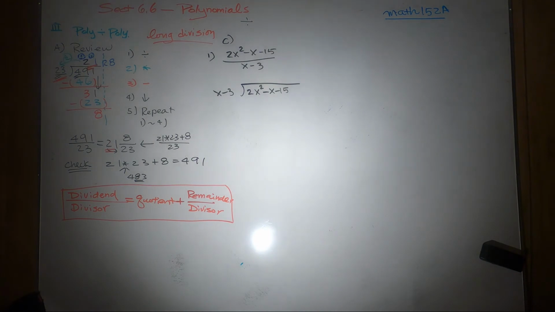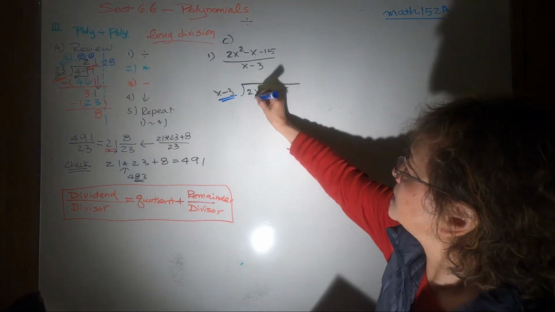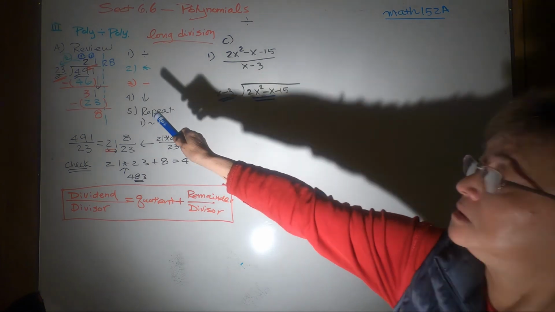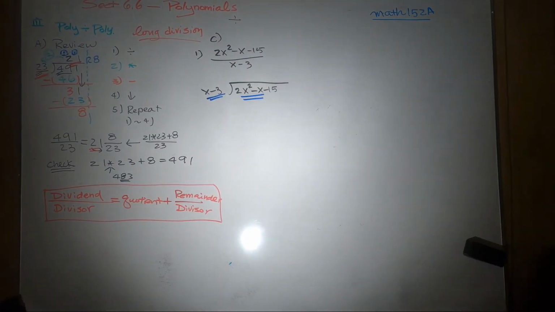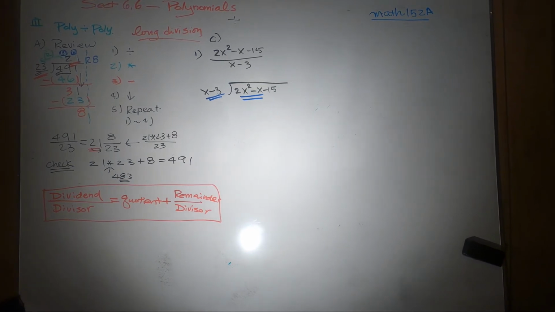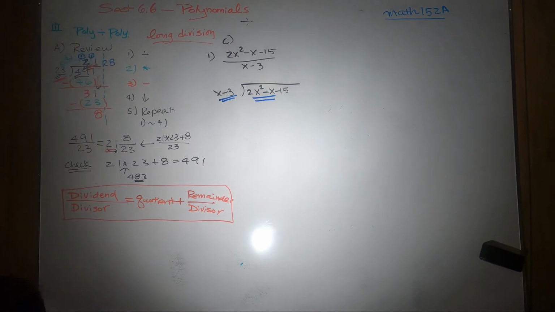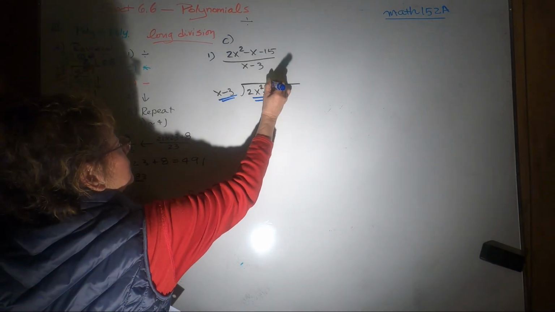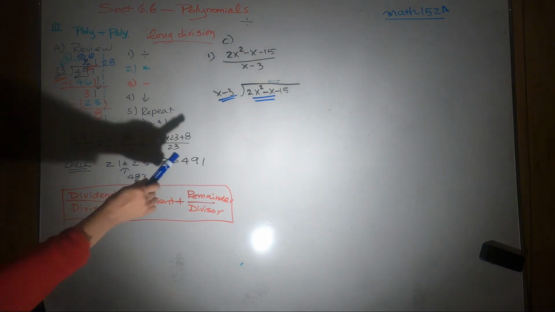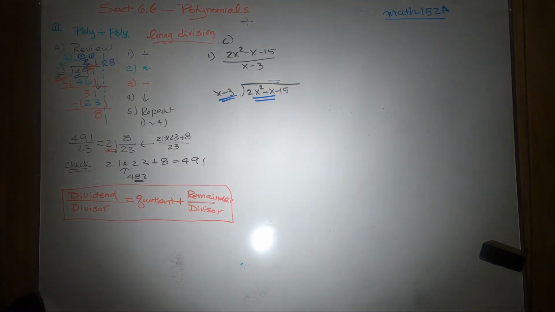You are dividing by two terms, so you need at least two terms to go into. Then how do you find your first quotient? Once you find the first quotient, you put it on top.